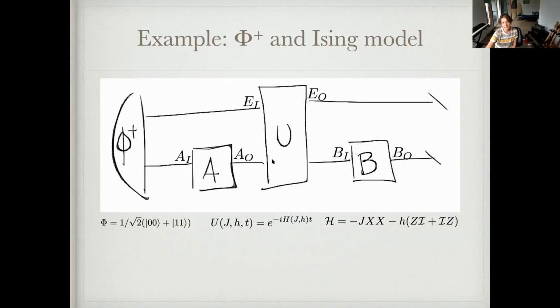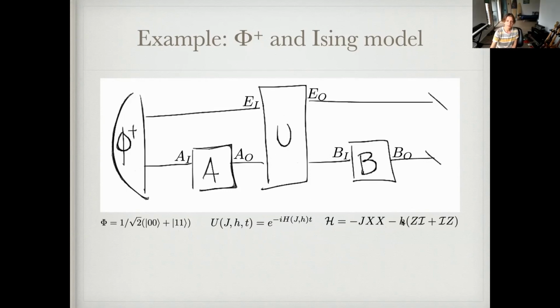And then later they interact according to the Ising model. So you have these parameters J, H, and T. T is the interaction time. So the Ising model is a model of dipole-dipole interaction. And here J is the strength in which the two dipoles want to align in the X direction.